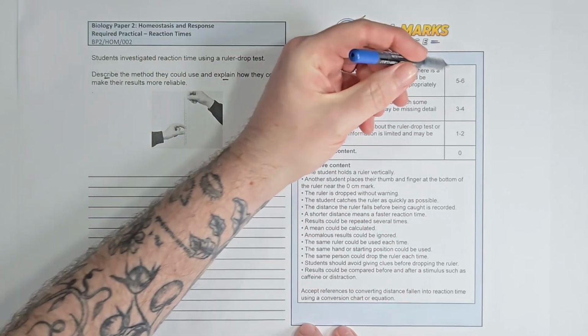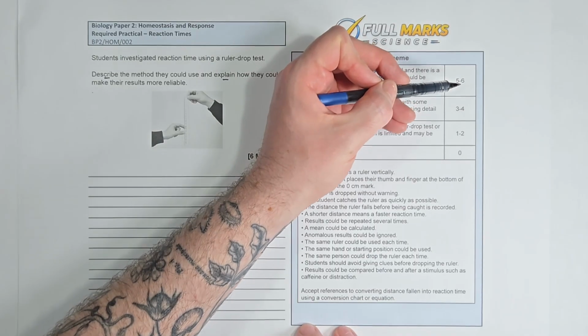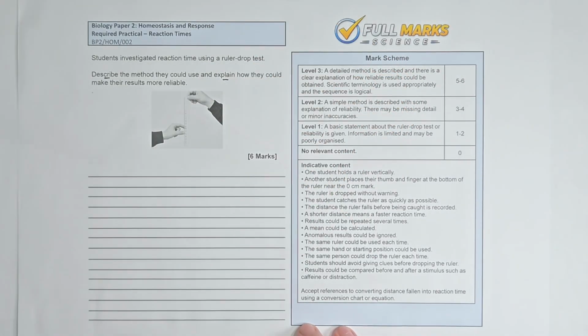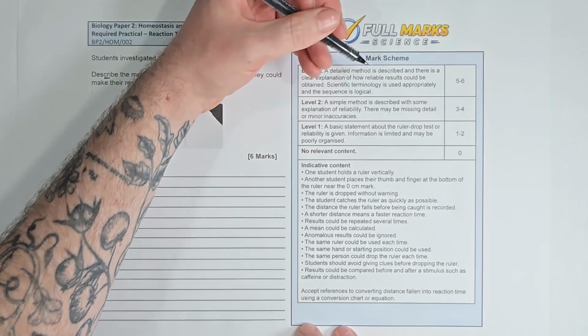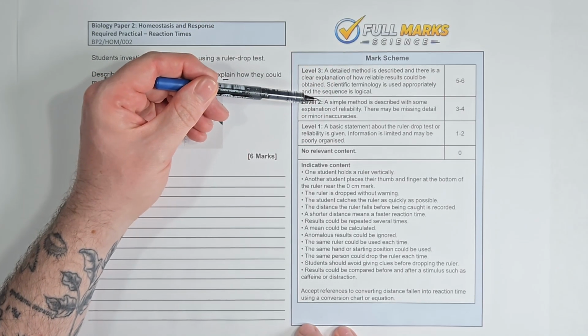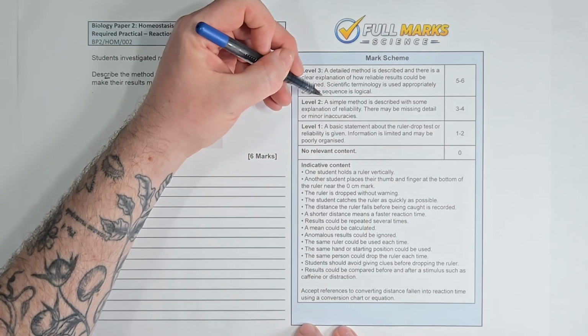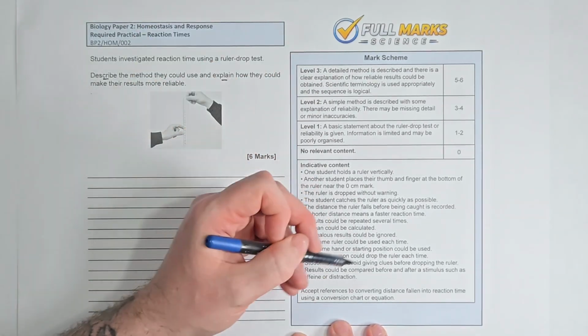So if you're getting a couple of bits missing, you can still get up to 5 marks, but you need everything for that 6. And that's a key point there about the sequence being logical. So you've got to make sure that it's in the right order, because you could be hitting all of this stuff, but maybe it's in the wrong order and it doesn't make sense.